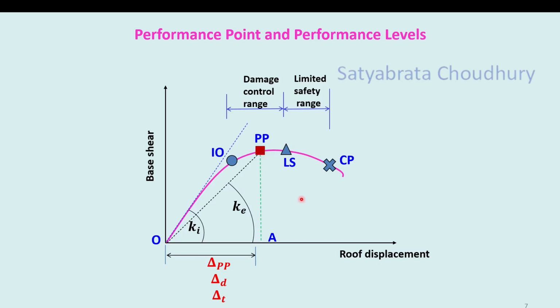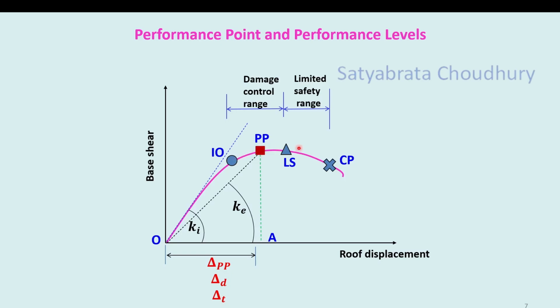Now you see the relative position of the performance point with respect to IO, LS and CP. In the current figure, the performance point is here and IO is on the left hand side of this performance point. So it indicates it is an IO building.